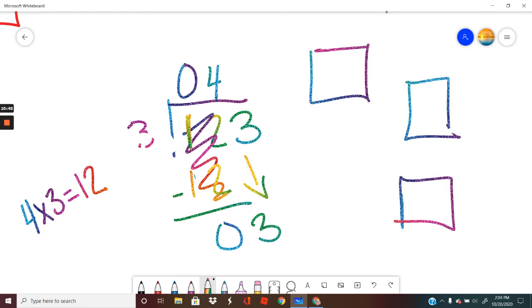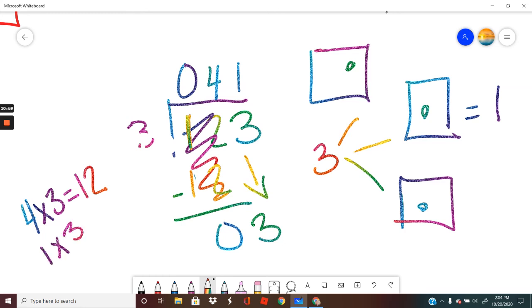So how many groups will I get out of this? So I have 3 things to split into 3 boxes. 1, 2, 3. Everybody got 1. Everybody got 1 thing in their box, which effectively means 1 times 3. 1 times 3 is going to give us what? 3.